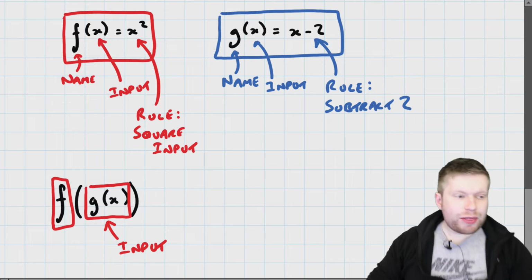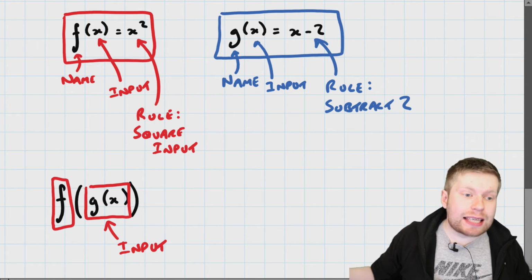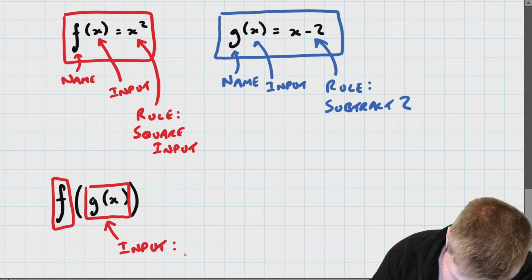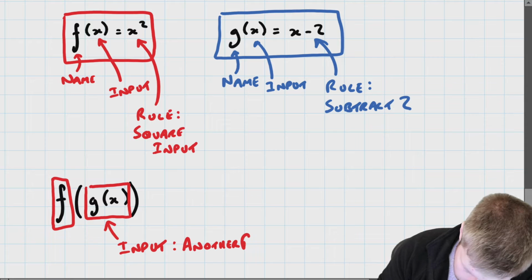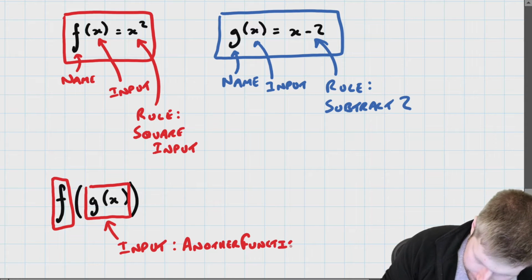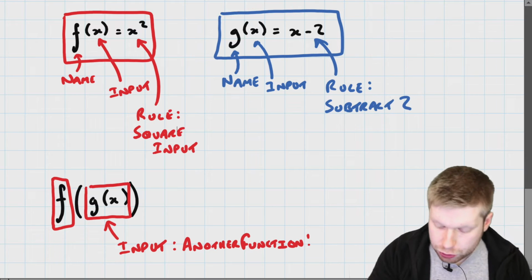In other words, the input to my f function is just another function. It's just in this case, it's g, okay? So my input is another function, g. And in this case, I know what g is. It's this thing up there, okay? So it's just subtract 2.